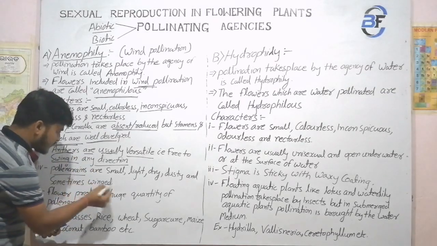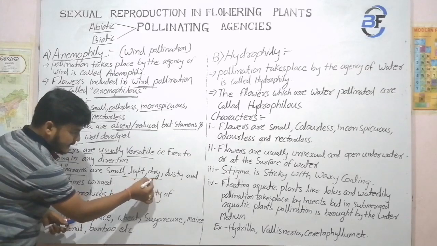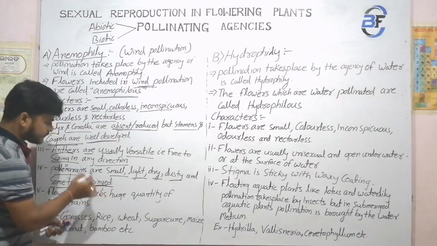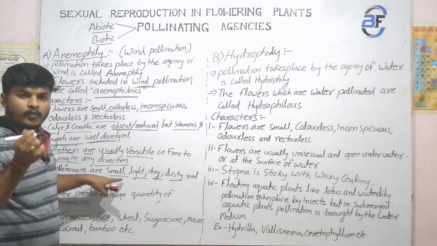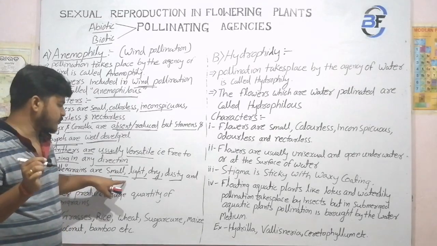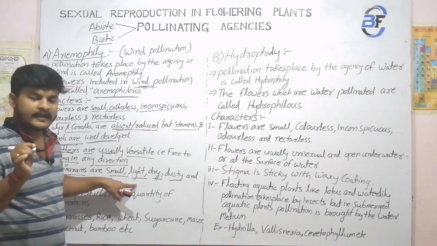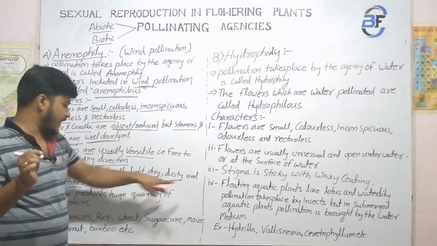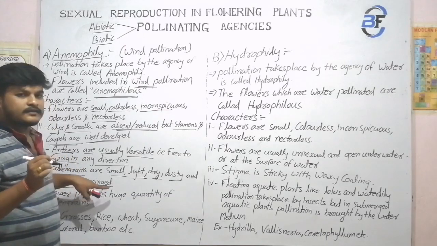Next, pollen grains are small, light, dry, dusty and sometimes winged. That means the pollen grains are very small, lightweight, dry and dusty, and sometimes winged.